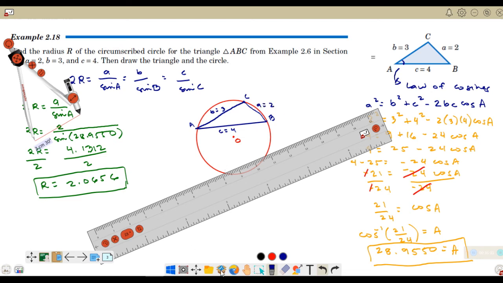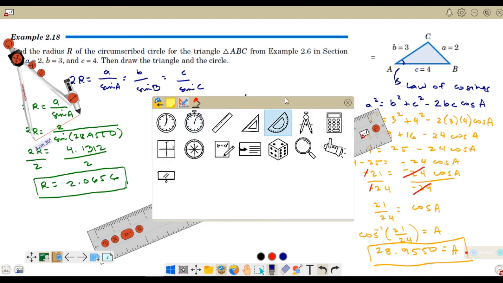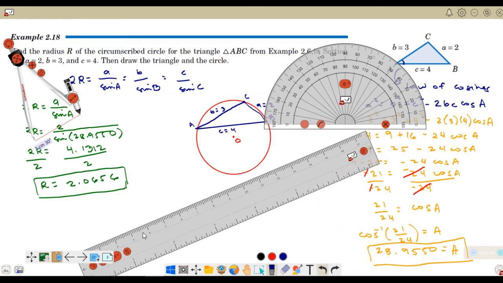So, sabi ko kanina, if you want to be more accurate, you can also use your protractor. Para hindi siya masyadong messy, tanggalin natin to.